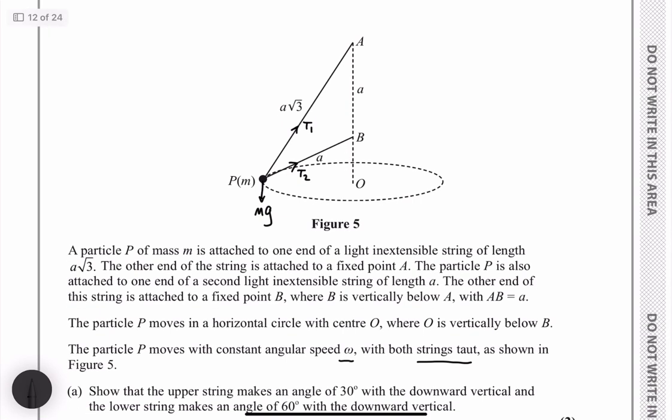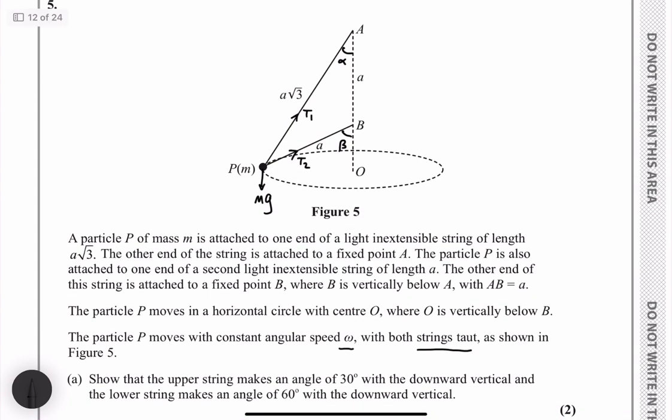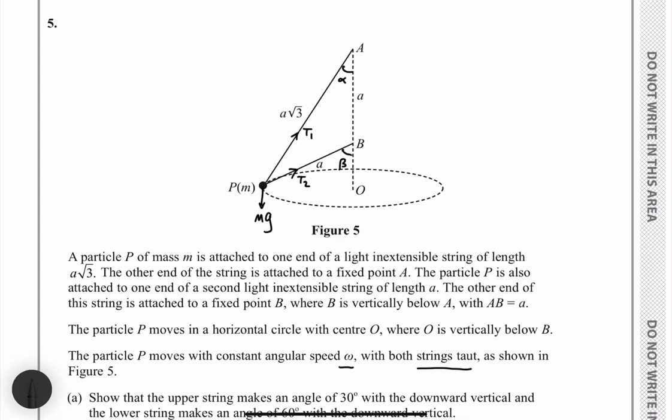Show that the upper string makes an angle of 30 degrees and the lower string makes an angle of 60 degrees with the downward verticals. Let me call that alpha, beta. So alpha should be 30, beta should be 60. Quick glance at the marks. That's only worth 2 marks, so my initial thought is probably okay, and that is that we can do this just using geometry, because we've got an isosceles triangle here.